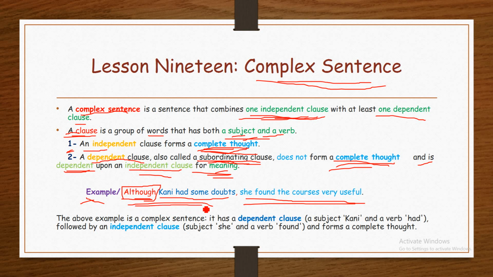A subordinating clause is a dependent clause. The clause that contains a subordinating conjunction is called a subordinating clause. And we know subordinating clauses are dependent clauses.